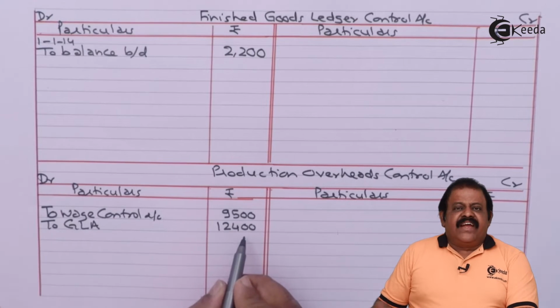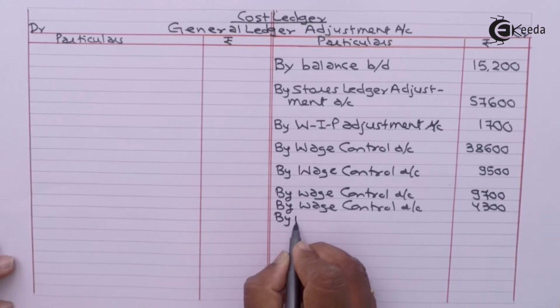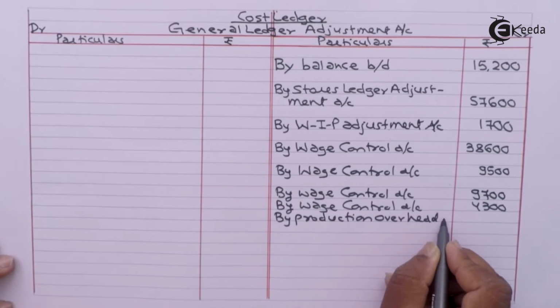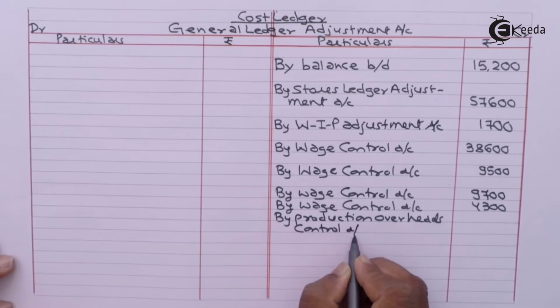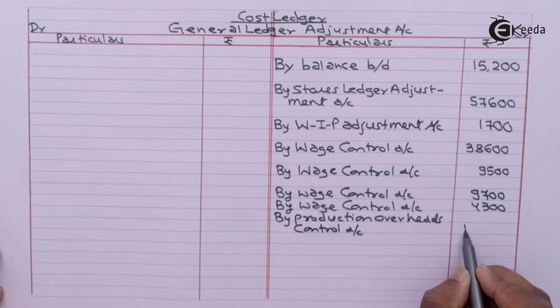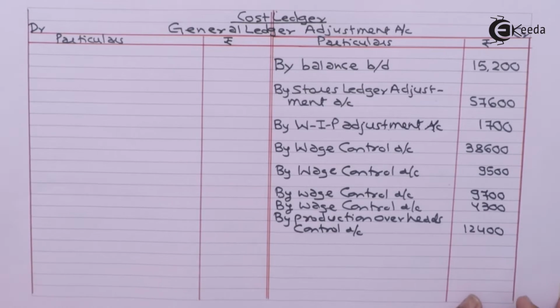This will have second effect in GLA on credit side by production overheads control account 12,400.